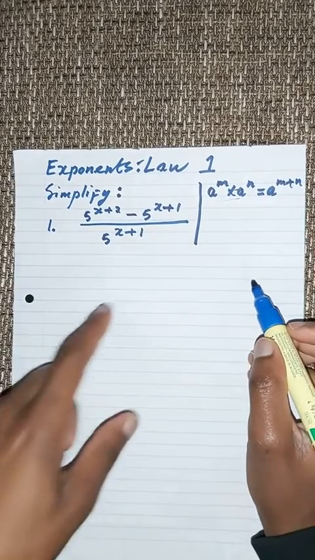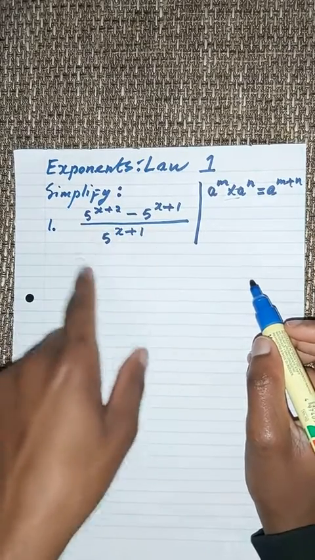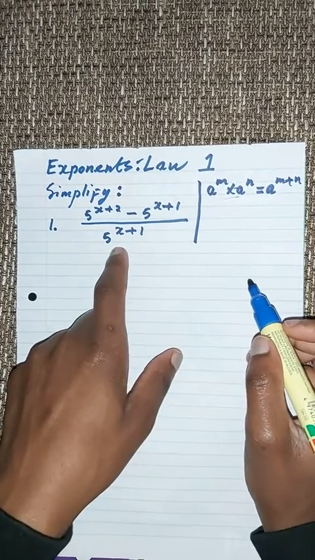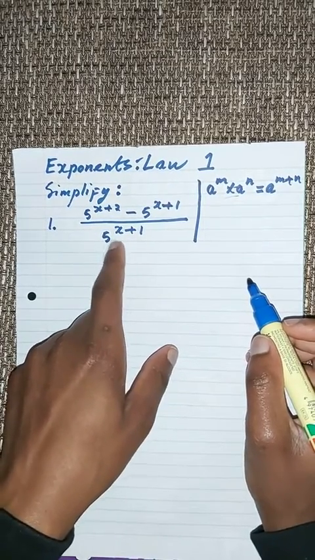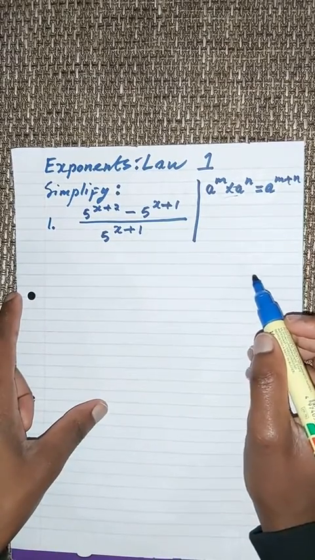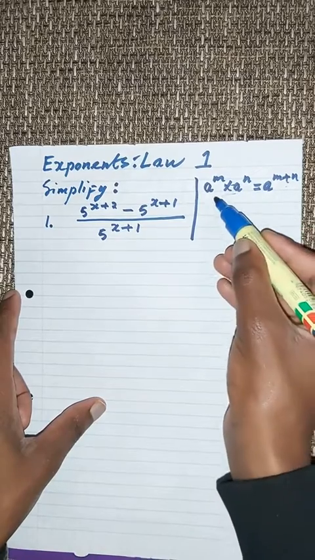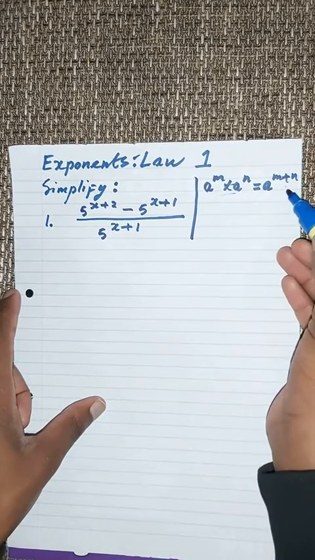Now, the application that is going to be needed here in terms of simplifying this particular problem is us going from here to here. When we move from here, we end up here.